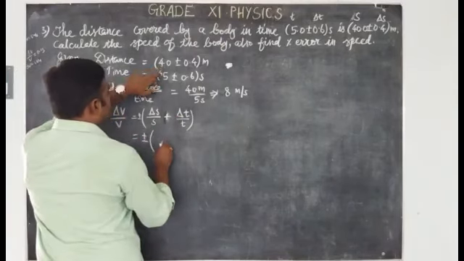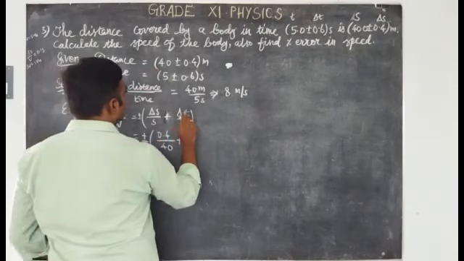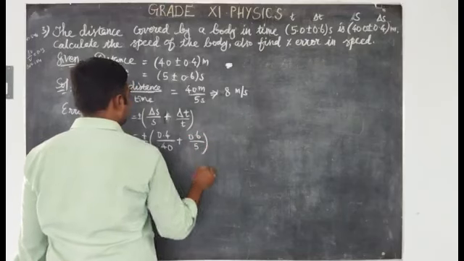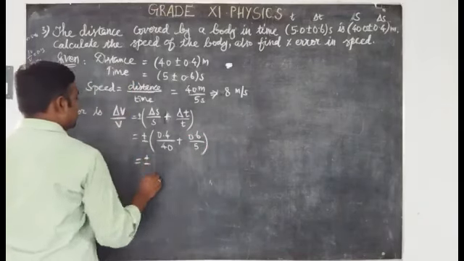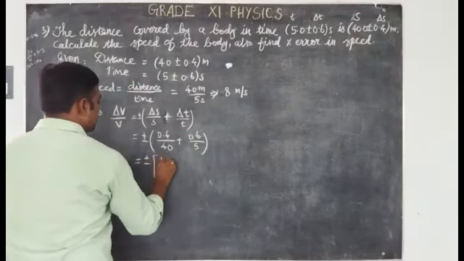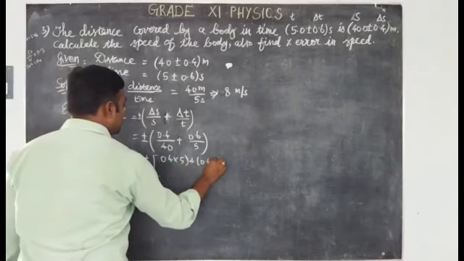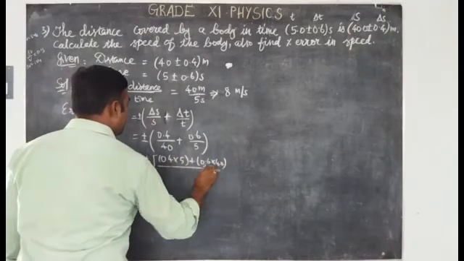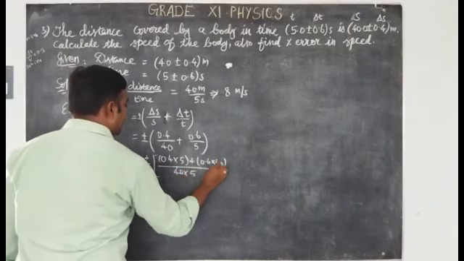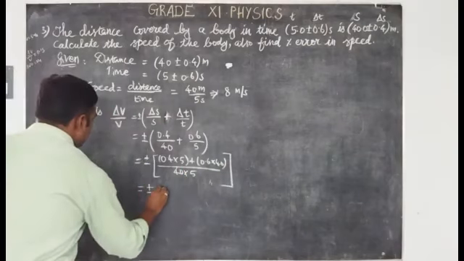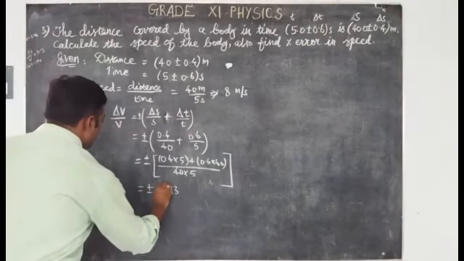So delta S is 0.4. 0.4 divided by 40 plus 0.6 divided by 5. So plus or minus, using cross multiplication, 0.4 into 5 plus 0.6 into 40 divided by 40 into 5. After simplification, finally we will get the value plus or minus 0.13.